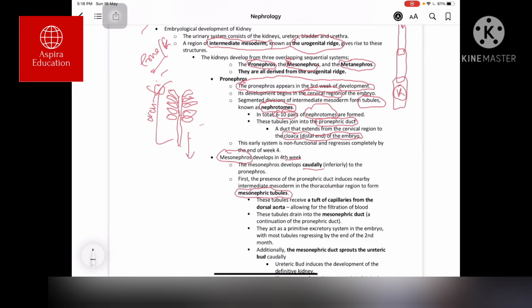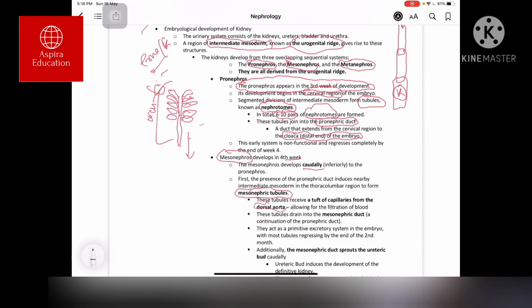Now these mesonephric tubules are the ones that actually start receiving blood supply. The pronephros is a redundant thing. It doesn't have any blood supply, and derives nutrition and oxygen directly from surrounding tissues. But when the mesonephros is formed, it derives a tuft of capillaries from the dorsal aorta.